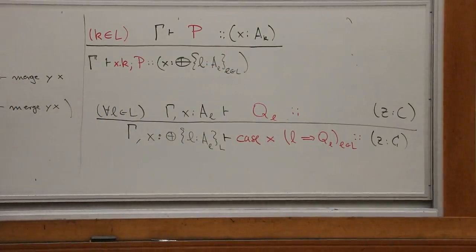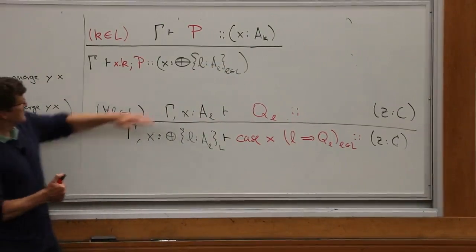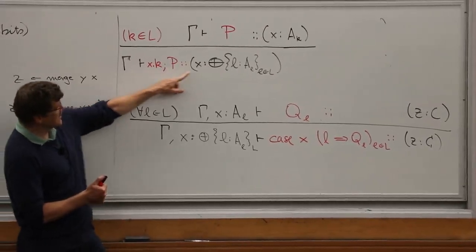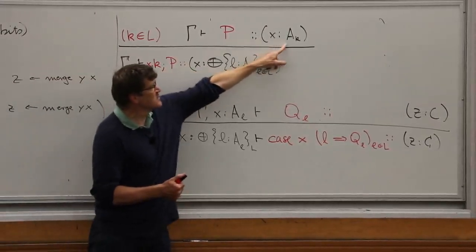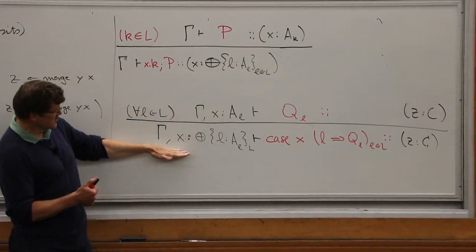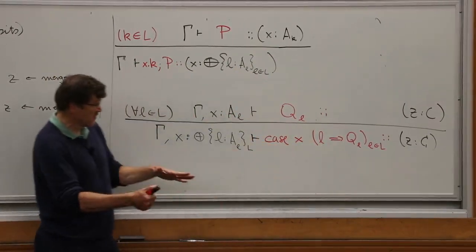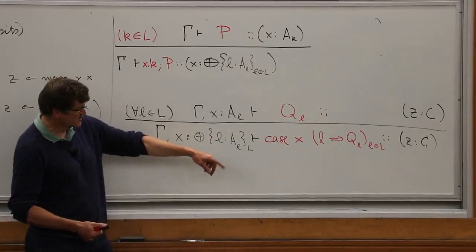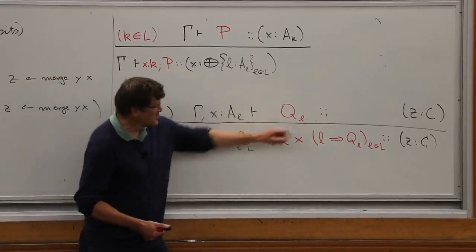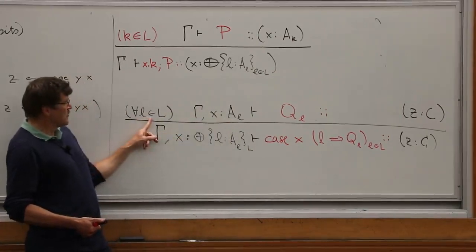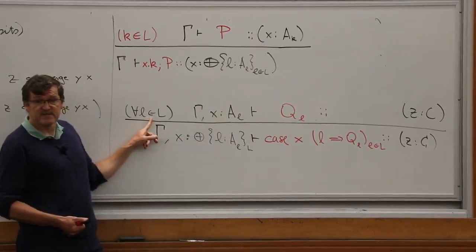All right, and then if those two communicate, what actually happens? This process will send a label K, and then the channel X will go from having this type to having this type A sub K. This one will receive K, select the branch K from all of these. It must be one of them because we have checked they're all there. And then continues as Q sub K, and X will have type A sub K. And we know that works because we have checked all the branches.